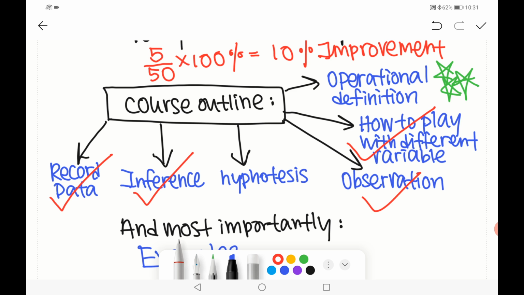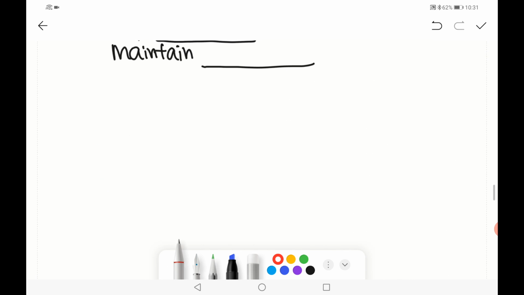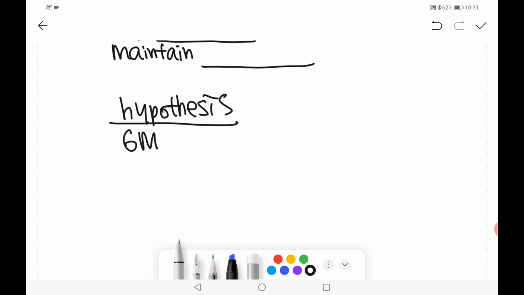The next thing that we will talk about is hypothesis. Hypothesis will always give you 6 marks in paper 3. Why?